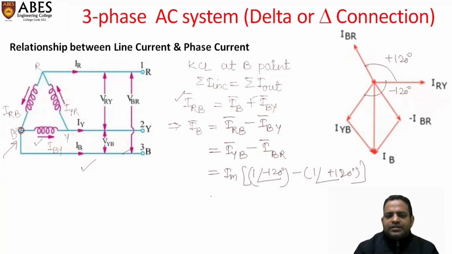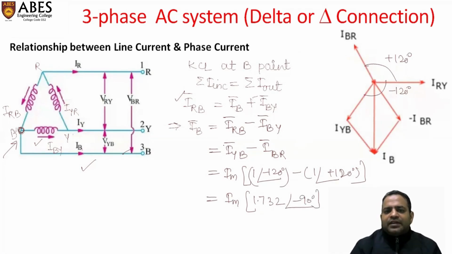After calculating these two terms by using a calculator, we are getting 1.732 angle minus 90 degree. So in this way, we are getting three relationships.